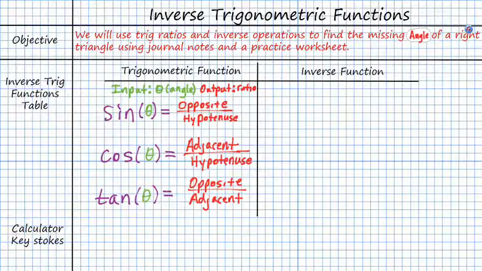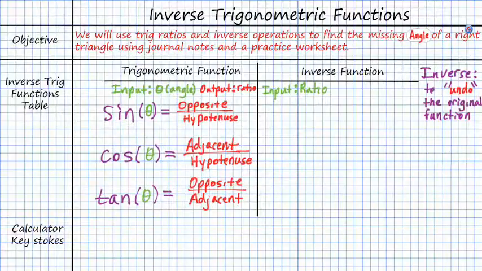The inverse of a function is the function which undoes, right? It's something that will do the opposite of what the original function did. So in this case, now we're going from some ratio to an angle. Instead of having my input be an angle, my input is some ratio, and my output will be my angle.